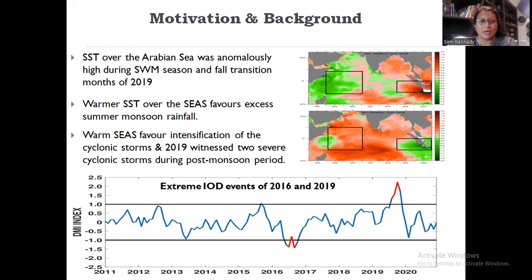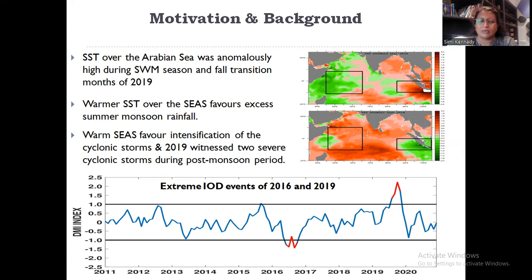The motivation and background for this study is that SST over the Arabian Sea was anomalously high during the southwest monsoon season and fall transition months of 2019. This warmer SST over the southeastern Arabian Sea has favored an excess summer monsoon rainfall. And we could also witness 2 severe cyclonic storms during the post-monsoon period.